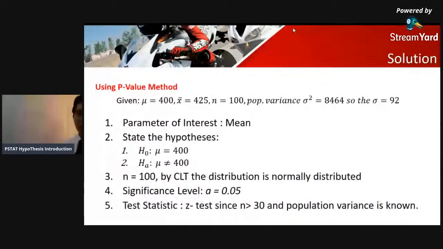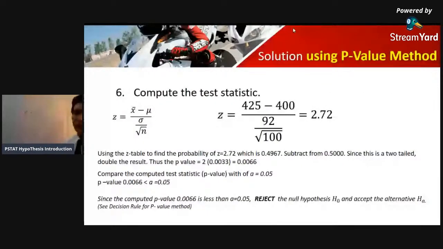So compute the test statistic. This is our test statistic, 2.72, and you locate this in your Z table. The first two digits, like 2.7, and then 0.02. So that is now 0.4967.